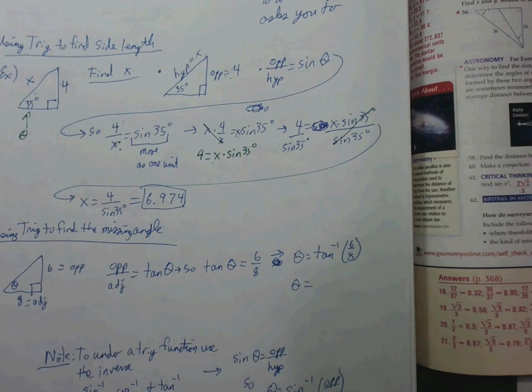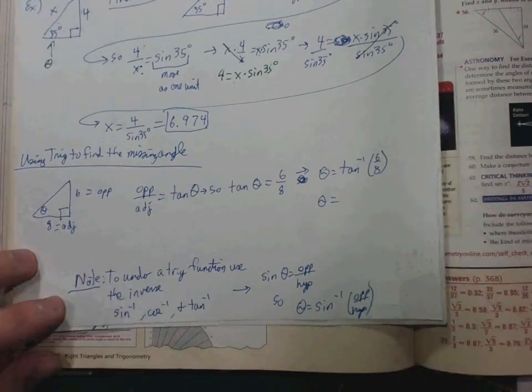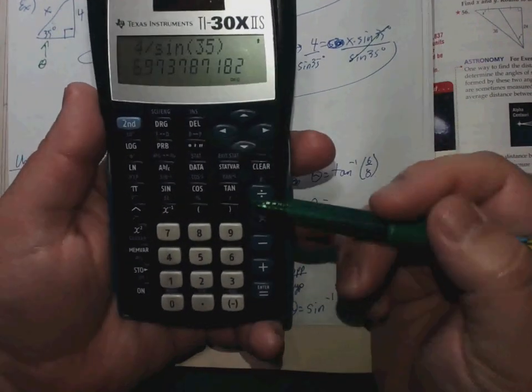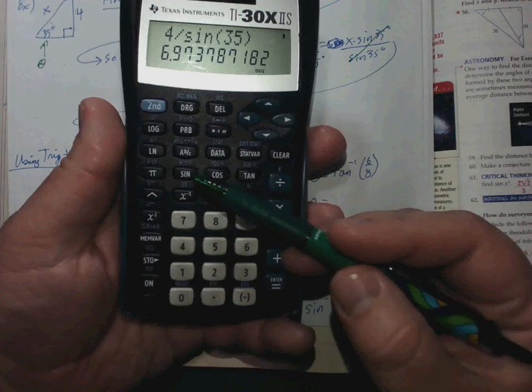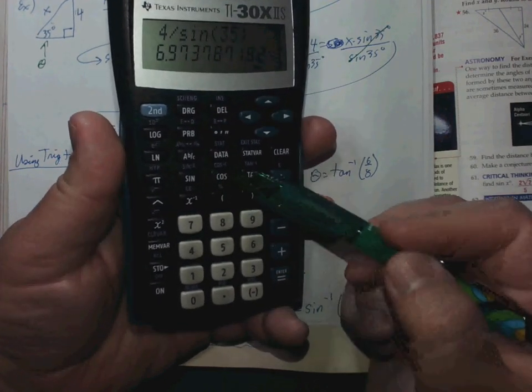Now, to find the missing angle, that's a little different. That requires you to use the inverse functions. They're right above the sine, cosine, and tangent.